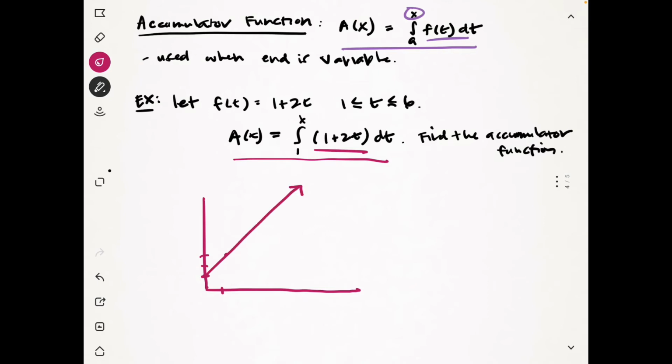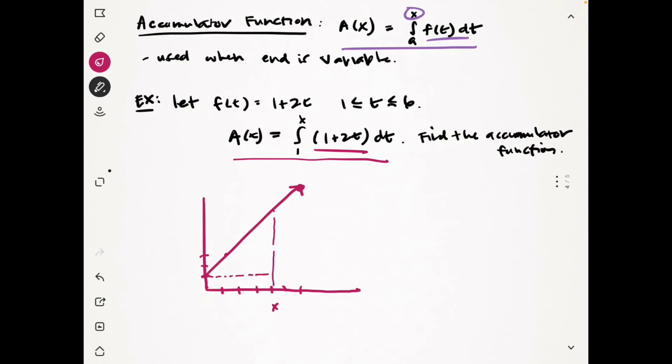And then we're going from 0 to 6, 3, 4, 5, 6, up there. So what it's saying is we want to find the area under the curve in general terms. So we don't know where the x is. x could be anywhere, right? So we want to use this function that's going to tell us wherever x is, whatever the endpoint is, how much area is under the curve. So let's go ahead and figure out how we're going to do that.